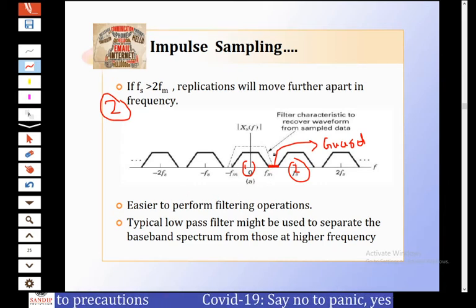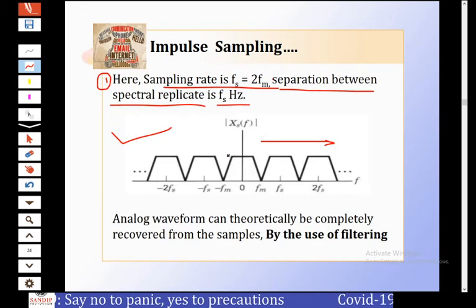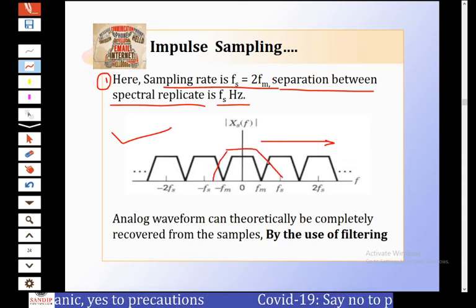So here the filter characteristic recovers the waveform from the sampled data, and for filtering purposes it will be very easy. But in the previous case, if we apply a practical filter, some amount of the other signals will get mixed in and appear in the resultant signal, causing noise.